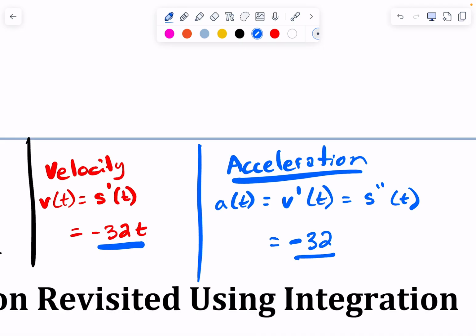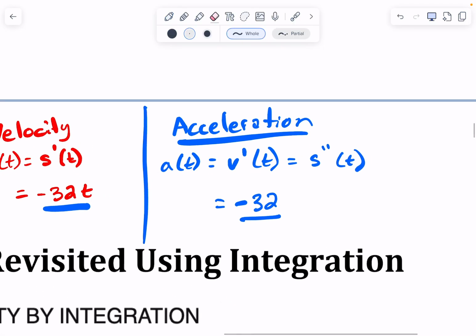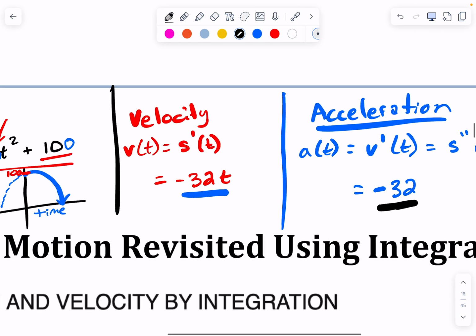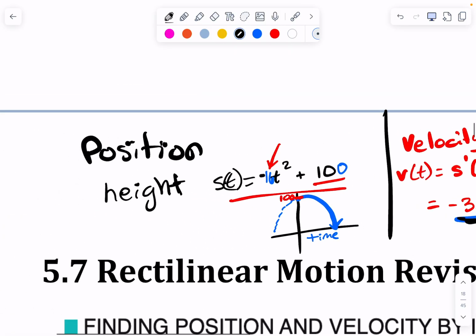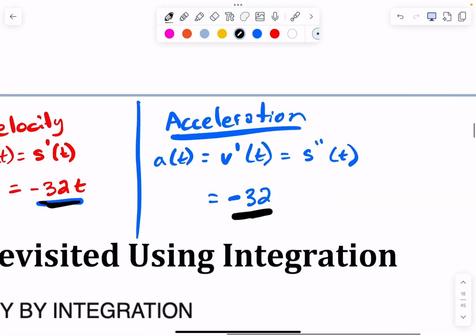Each second, you're accelerating that many feet per second. So 32 is your constant acceleration. Your velocity will not stay constant, and your height will not stay constant, but your acceleration due to gravity will. Make sense? Yes, this is how this works.